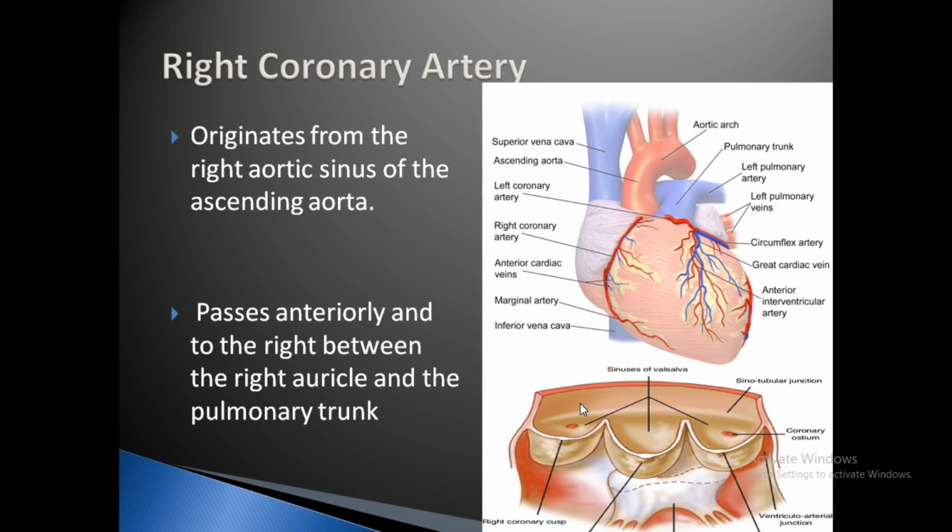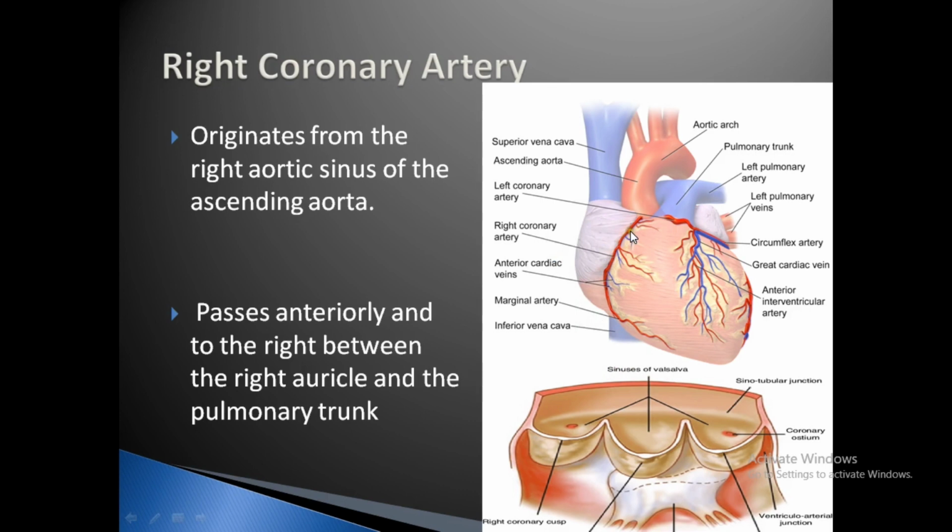So starting with the description of the right coronary artery. The right coronary artery originates from the right aortic sinus of the ascending aorta. It passes anteriorly to the right between the right auricle and the pulmonary trunk. If this is the aortic sinus, this is the right aortic sinus from where the right coronary artery emerges.